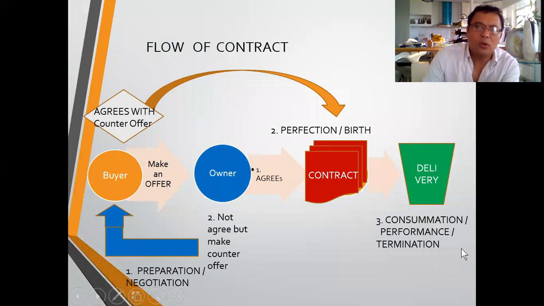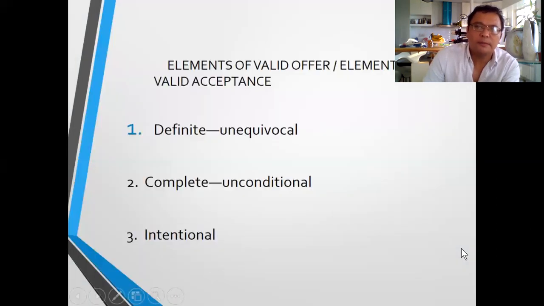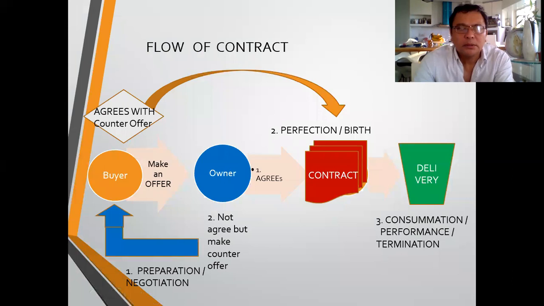So this is the flow of a contract. First step is the preparation or negotiation. The buyer makes an offer to the owner, and when the owner agrees, there's a contract. So we proceed to stage 2, perfection or birth.